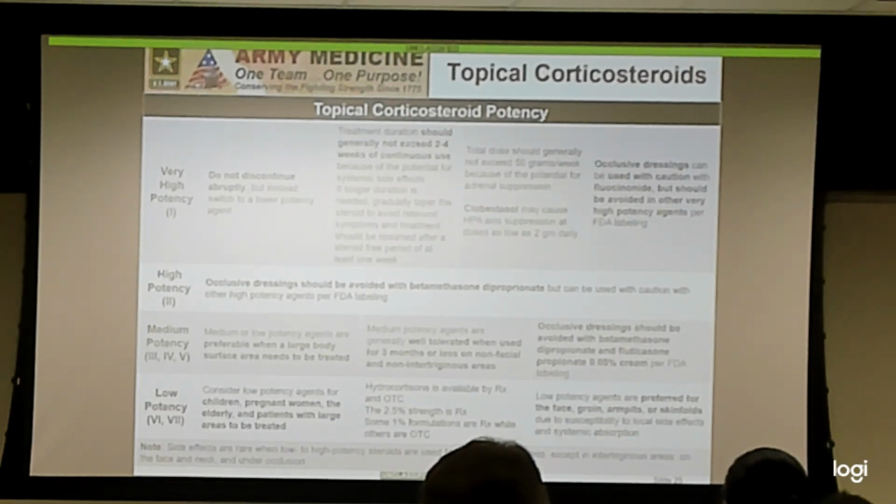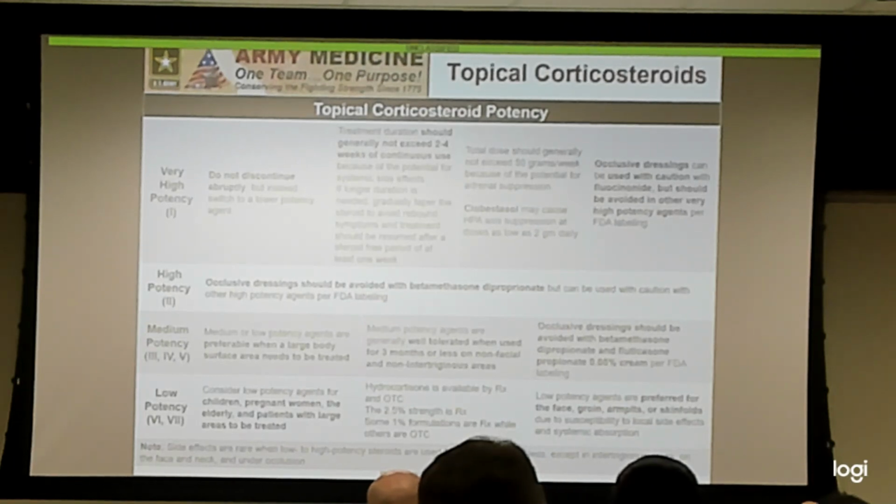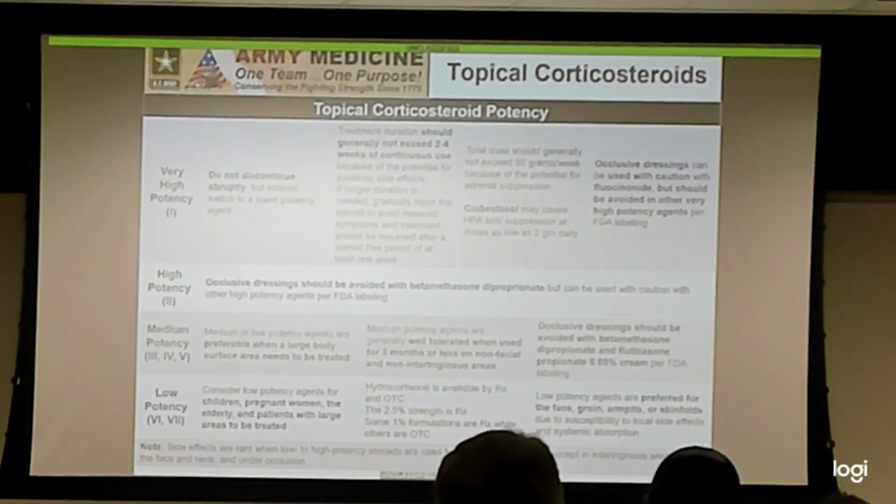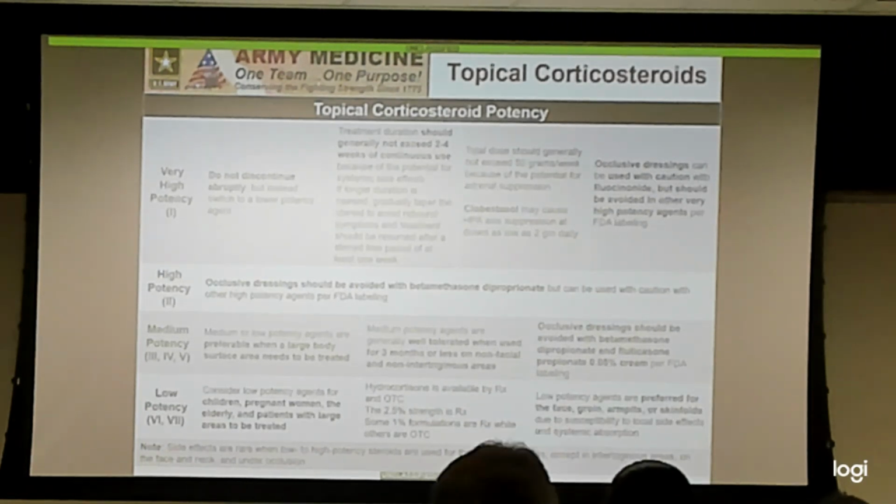So the bold where the clobetasol is, I need you to remember that as well. Be very deliberate in your dosing for clobetasol and make sure your patients understand, hey, I know this seems harmless, but I need you to put just a dab, and only enough to cover the area you're supposed to be treating, okay? And then with most of your agents that are very high potency, we're not covering them. The one you can caution to cover with is fluocinonide.